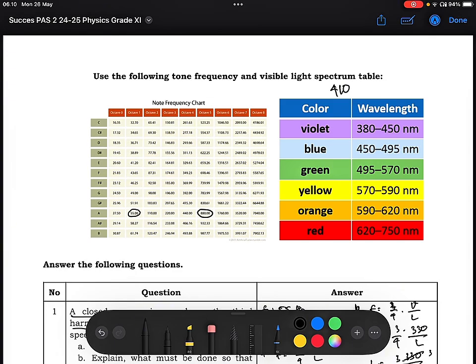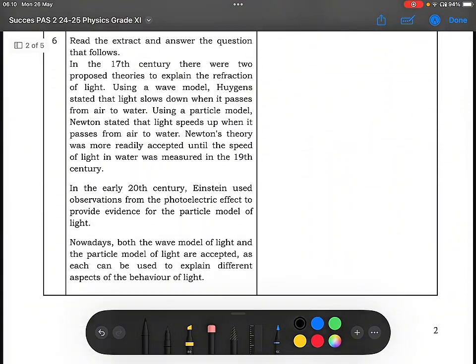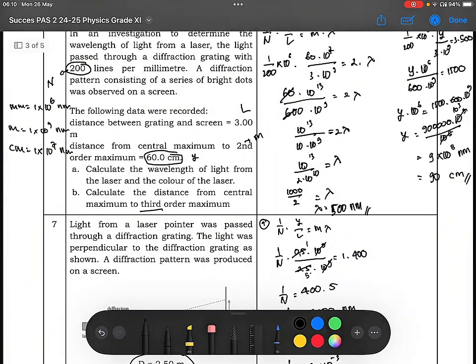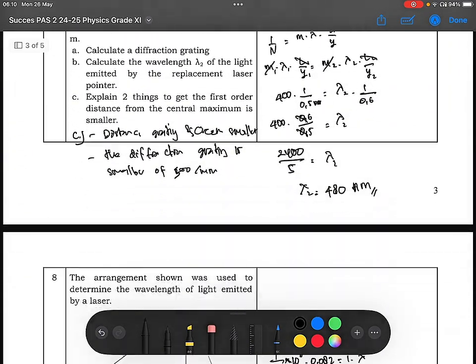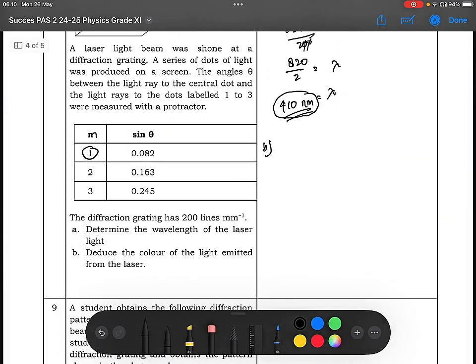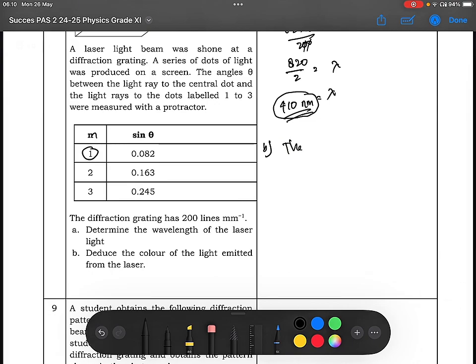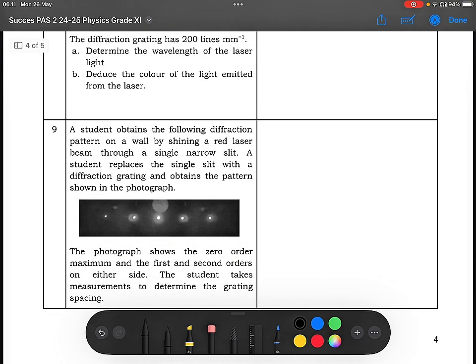You can use this one. So the color is violet.